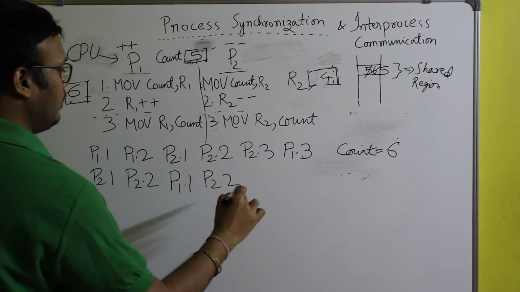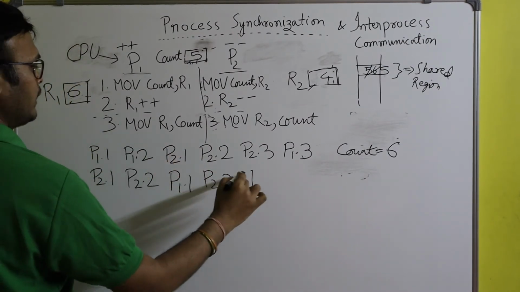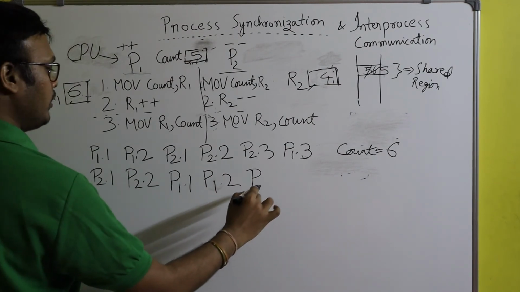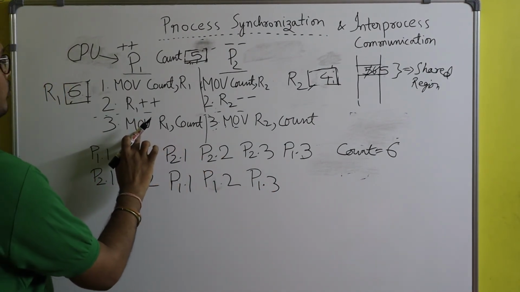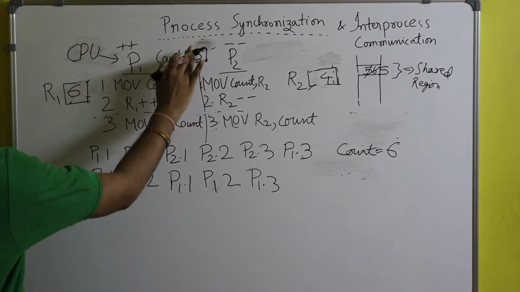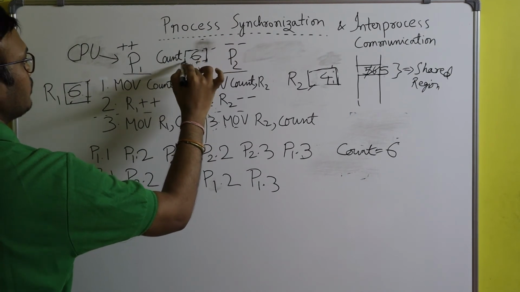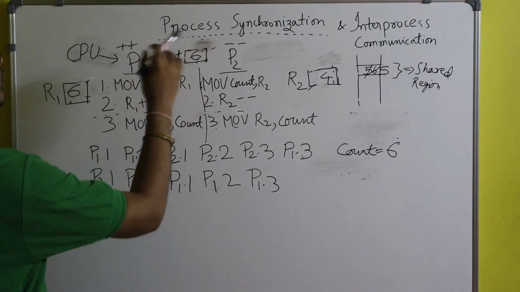Then P1 will execute its line number 3, move R1 comma count. So this value will be moved to count, and now count contains 6. So P1 successfully finished its task. Now the CPU will be given to process P2.